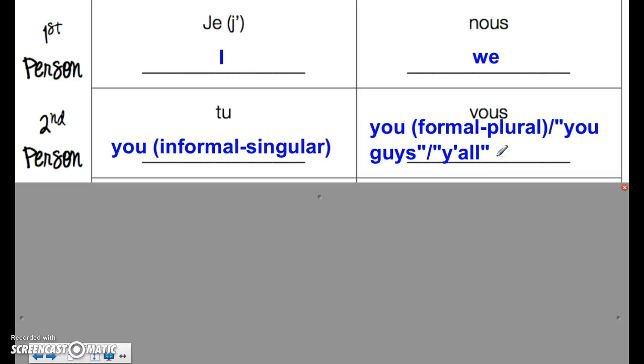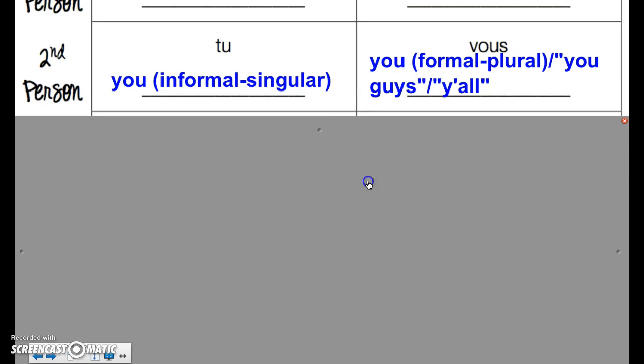I use vous when I'm talking to an entire class. If I was going to say, I need you guys to take out a pencil. Did you guys do your homework today? Y'all have a test today. You know exactly what I mean when I say all of those words. And so vous can have a couple of different meanings. They all mean you, but one of them is plural, one of them is formal, and y'all is probably the best way to remember those.